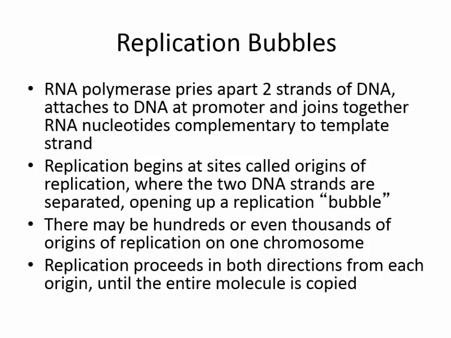Replication begins at sites called origins of replication, where the two DNA strands are separating, opening up a replication bubble. There may be hundreds or even thousands of origins of replication on one chromosome when this is happening. Replication begins in both directions from each origin until the entire molecule is copied.